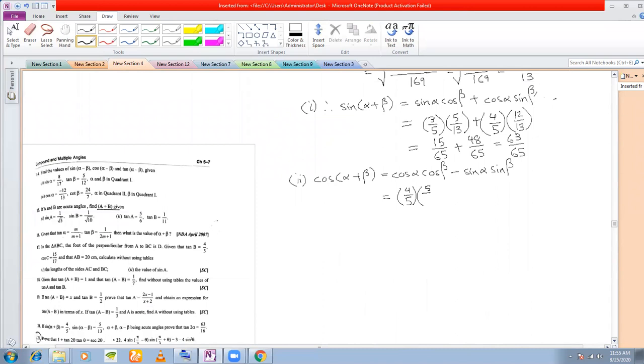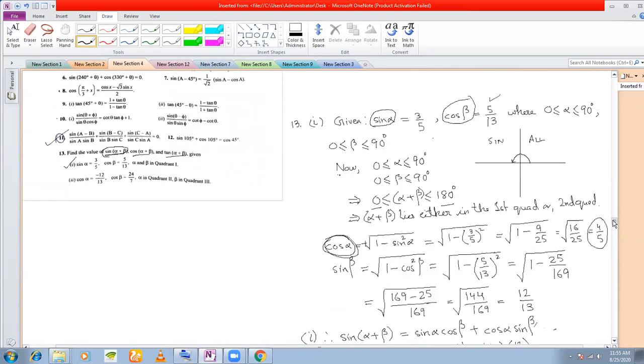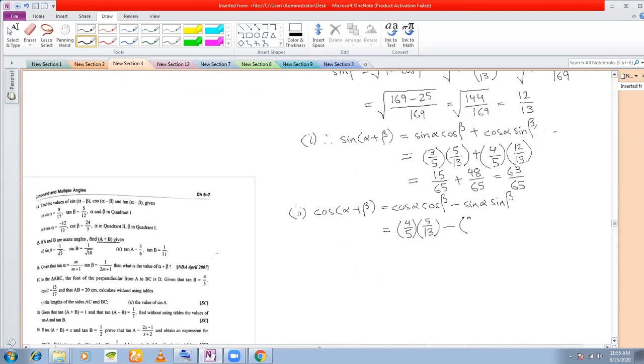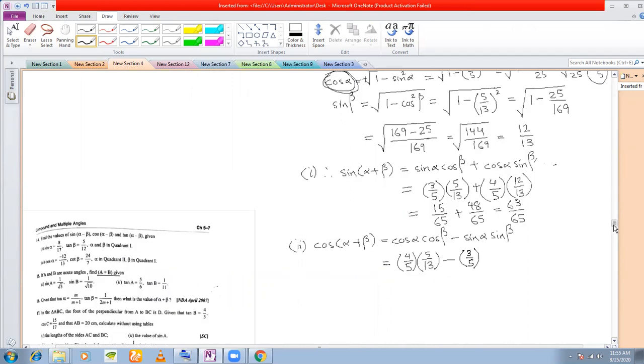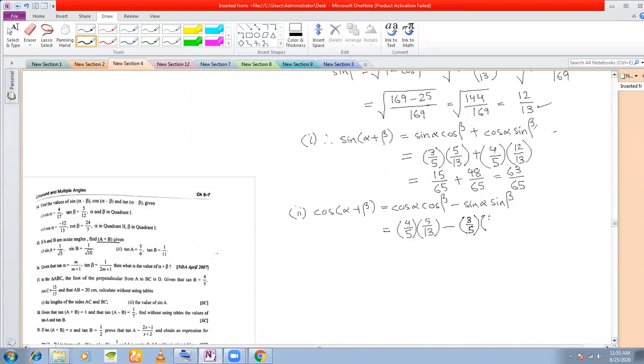And put here minus sine alpha. Sine alpha is given to me as 3 by 5. Sine beta, sorry, sine beta we have calculated here as 12 by 13. So this is 12 by 13.